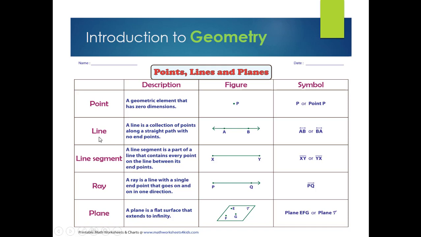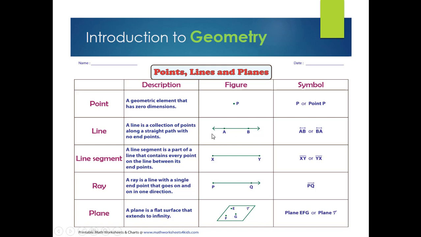Okay, line, focus here, line. A line is a collection of points along a straight path with no endpoints. What's the meaning of with no endpoints? This is because of the two arrows on the left and on the right.